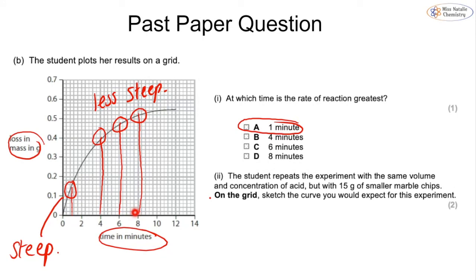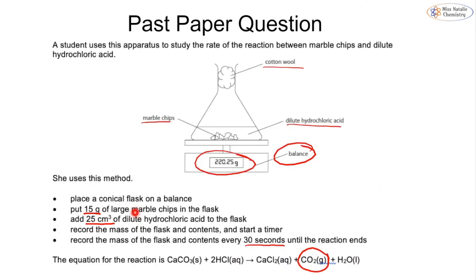And the student repeats the experiment with the same volume and the same concentration of acid, but with 15 grams of smaller marble chips. And on the grid, we want to sketch a curve to show how the experiment would look. So let's just go back and check. Well, we already had 15 grams, but we had large marble chips.